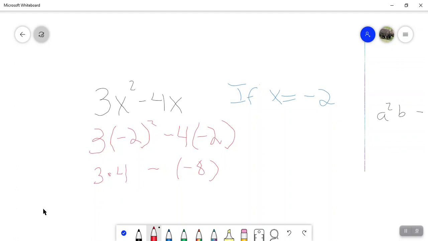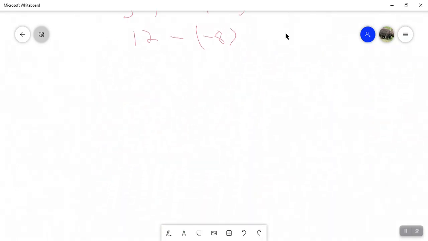Well, 3 times 4, that's 12, minus -8. Now, if you look into your calculators, you have the small negative sign. And if you punch that in, 12 minus -8 is the same as saying 12 plus 8.